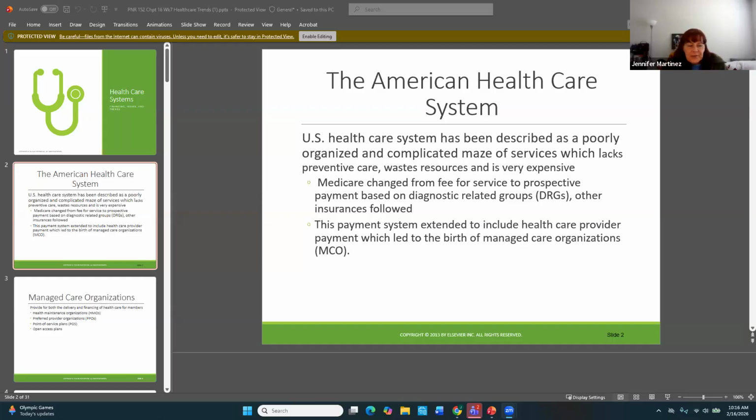Maybe they were going to charge you $500 to get your physical. With the DRG, if you have a client that's coming in to get their physical, maybe the DRG group says it's $300 to go get your physical. And that would be whatever the reimbursement is. Other insurances kind of followed that, and that was one of the ways that they decided to cut costs.